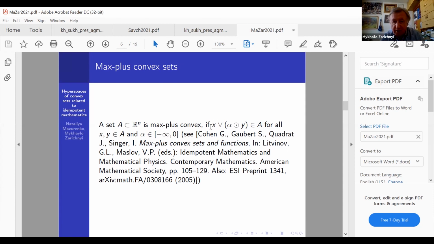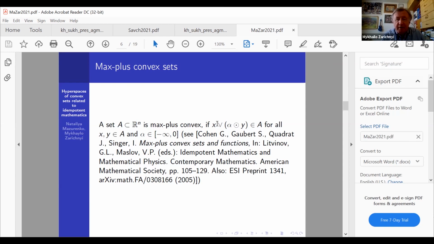The first vector is x, the second vector is y. Alpha is a constant which lies in negative infinity to 0. I will explain later why. And the encircled dot stands for addition. Now, why?